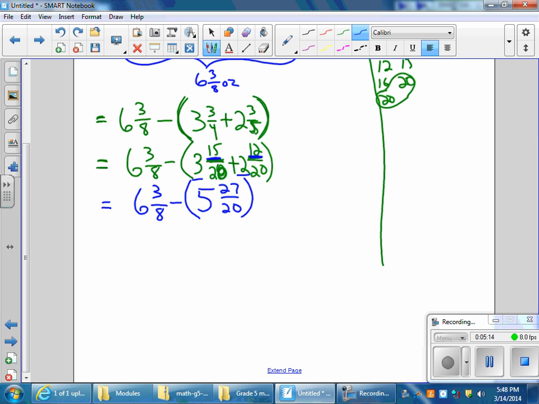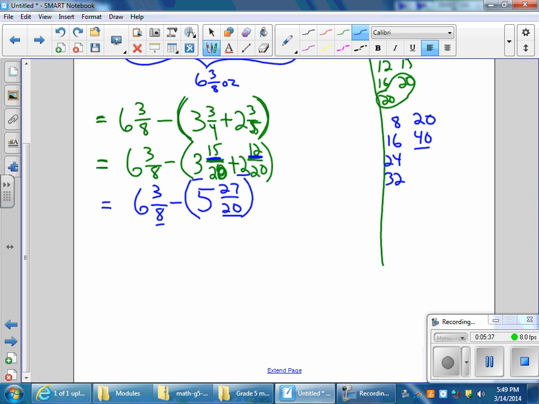I don't have a common denominator here between the 8 and the 20, but I want to subtract. So I'm going to have to find a common denominator. Now, some of you might find some quick strategies for this. Know your facts, the faster you're going to be.